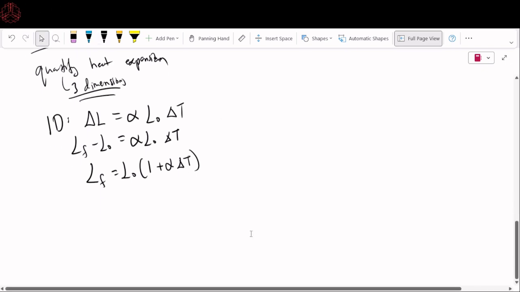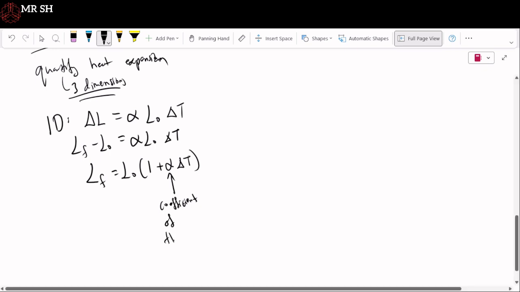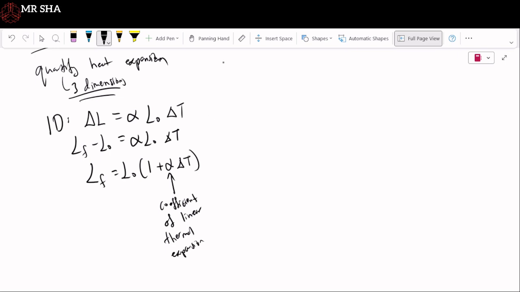This alpha is just a coefficient, a coefficient of thermal expansion. Of course, because this is a linear case, let's call that the coefficient of linear thermal expansion.